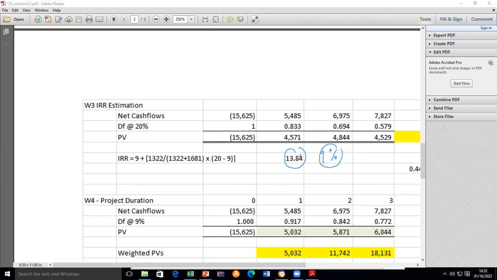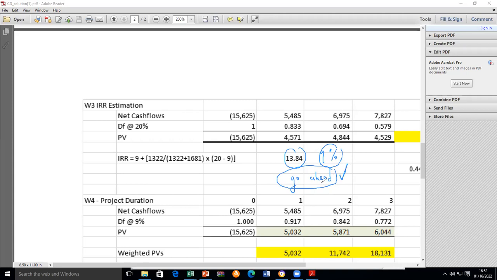So when the internal rate of return is more than the cost of capital, what is the advice? Go ahead with the project. The yield on this project is better, 13.84 compared to the cost of capital of 9%. So we say, go ahead with the project.